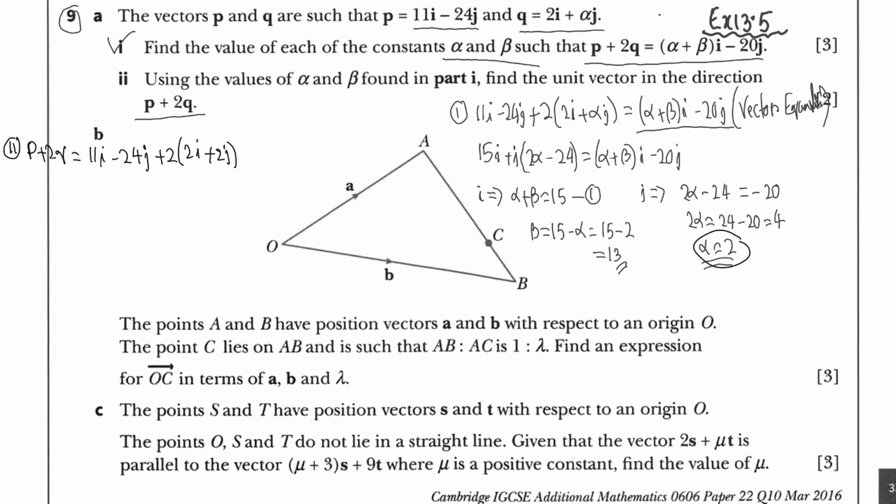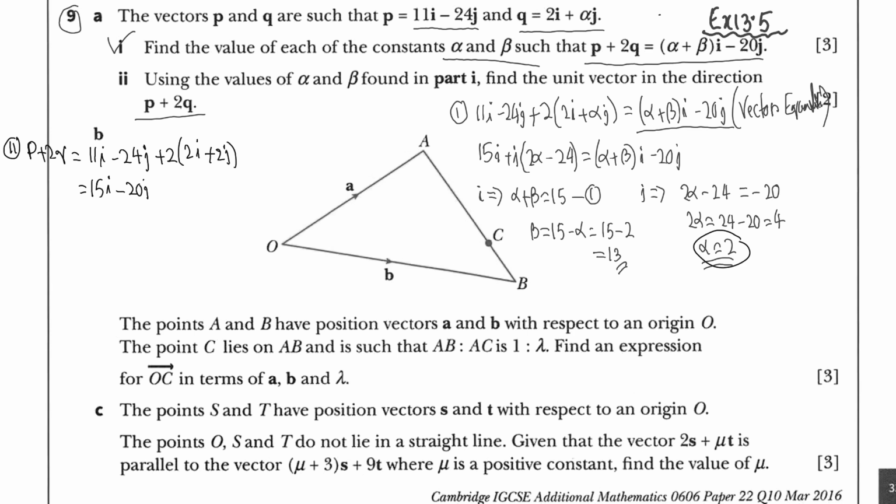Now finally we can write 11 plus 4 is 15i, then minus 24 plus 4, which is minus 20j. This is our p plus twice q.